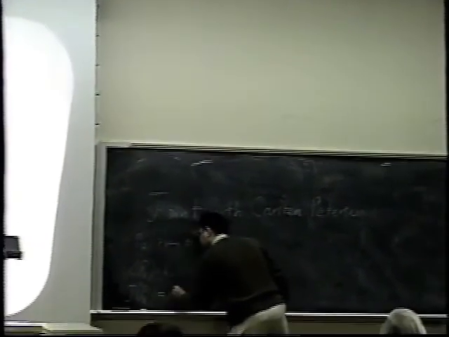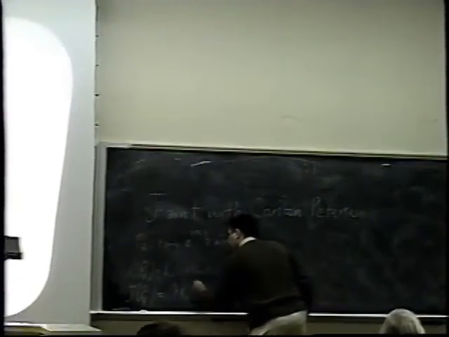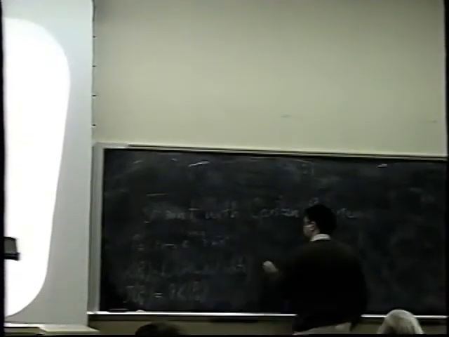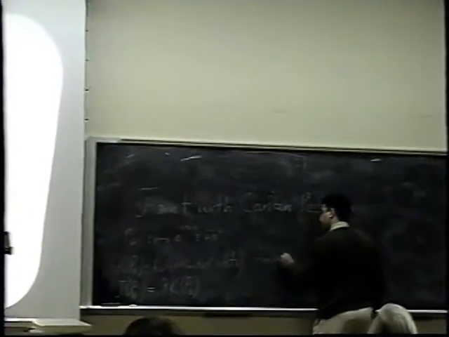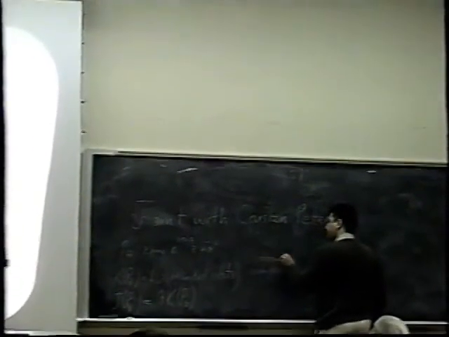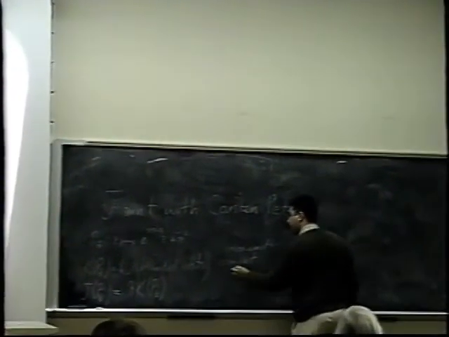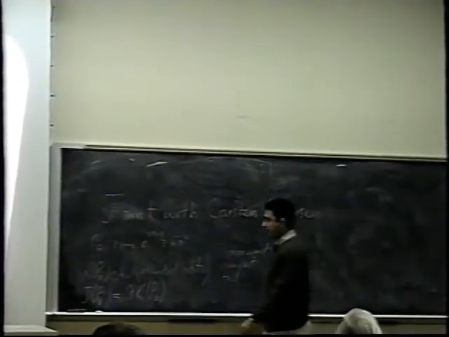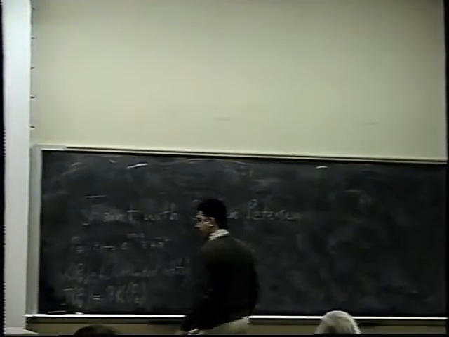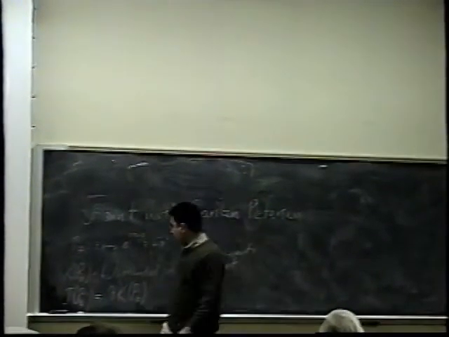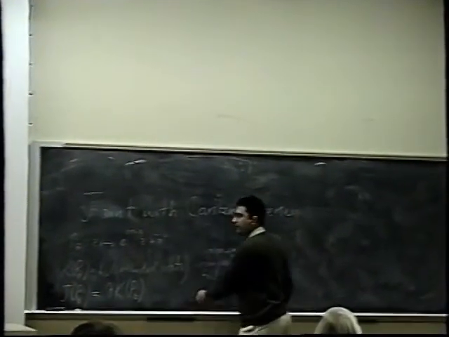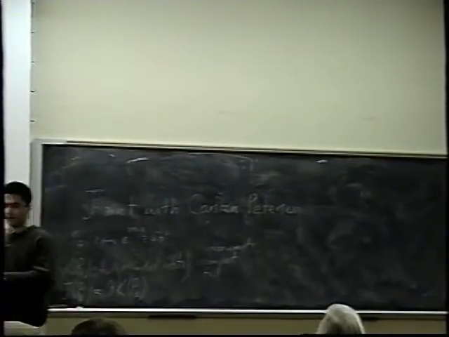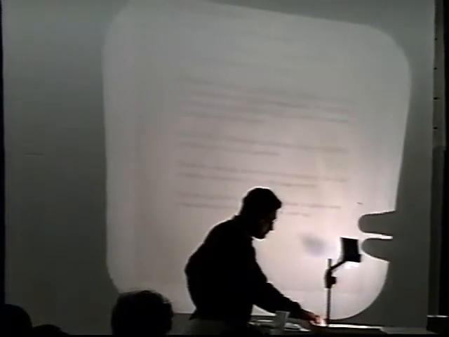Then the Julia set is the topological boundary of the filled Julia set. This is compact, non-empty, of course, and full, in the sense that its complement is connected. And the boundary of the Siegel disk is a subset of that Julia set. I'm going to show you pictures in a moment.